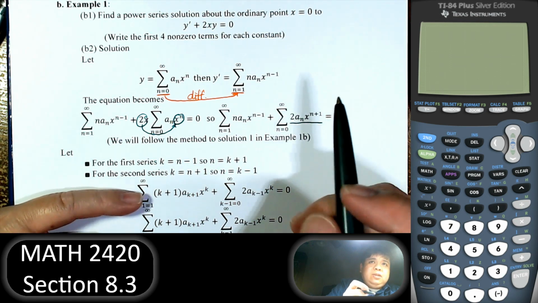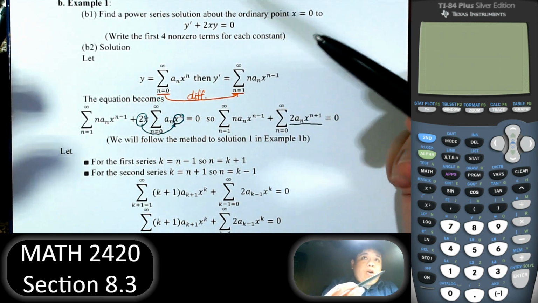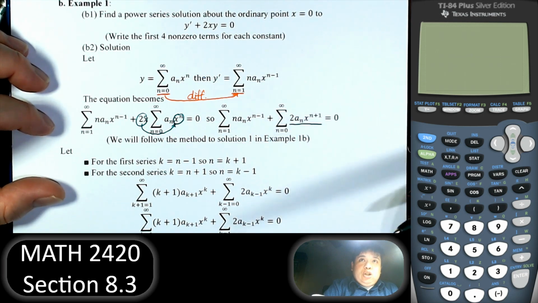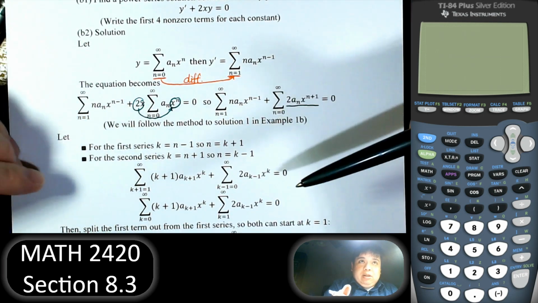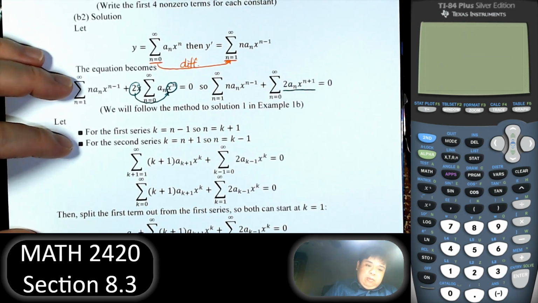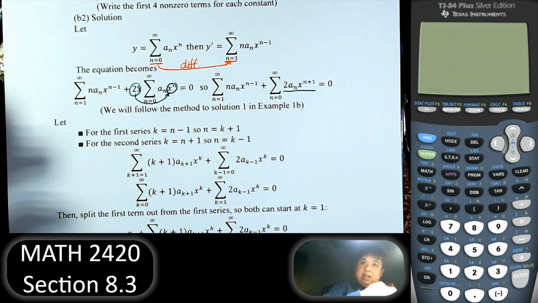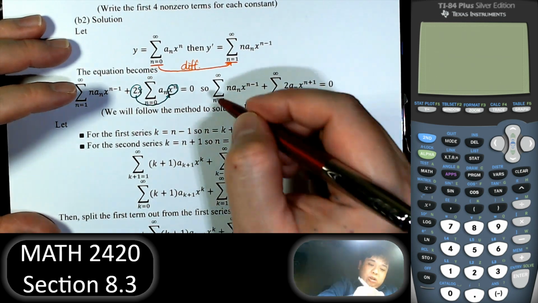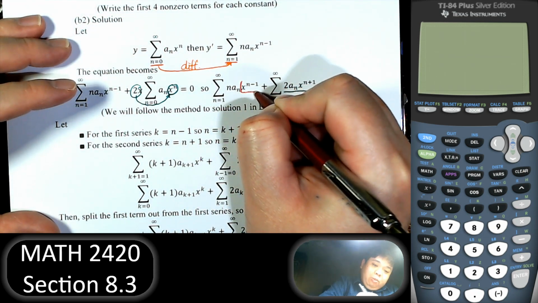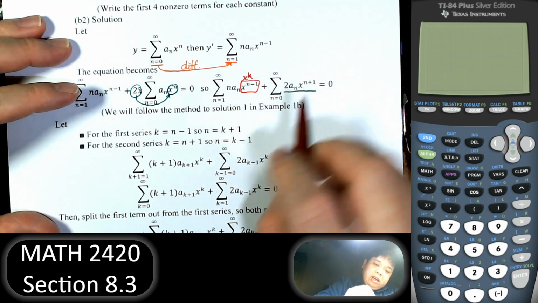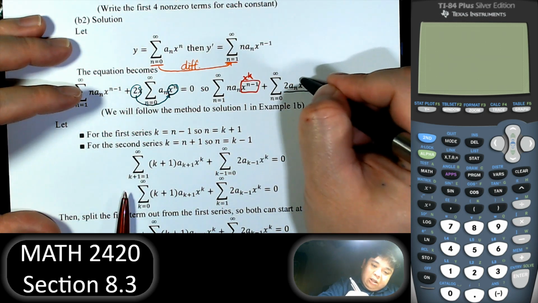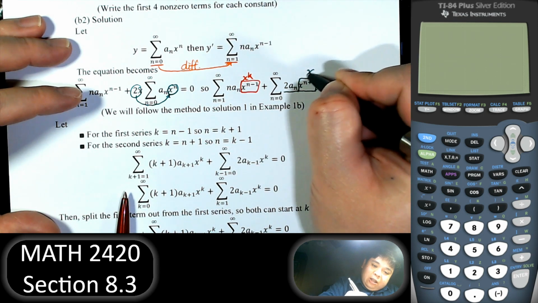Right. Now, the next problem is just to combine these two series, because we did that in a similar way earlier. So I will use the method that is in solution number 1, meaning that we will match the powers first, x to the k.